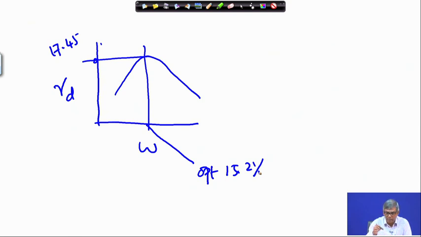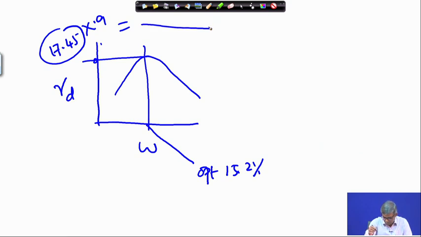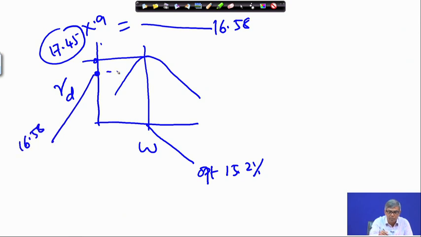Now, as I have mentioned, 95% of that, so 17.45 into 0.95 gives a value of 16.58. Suppose this is that 16.58, and if I draw a horizontal line, you get 2 moisture contents, this and this.